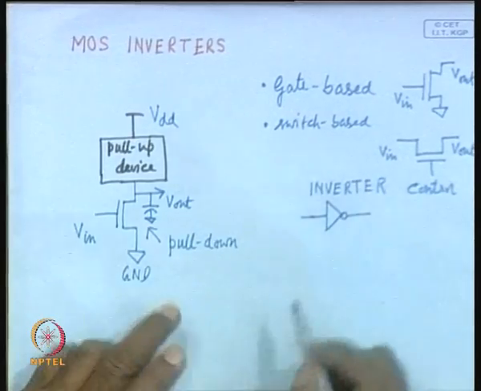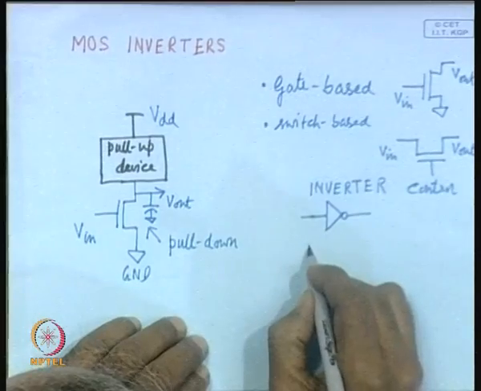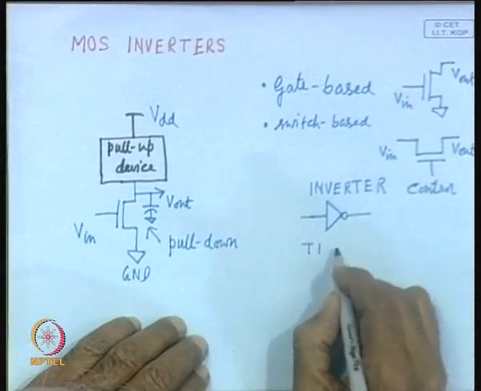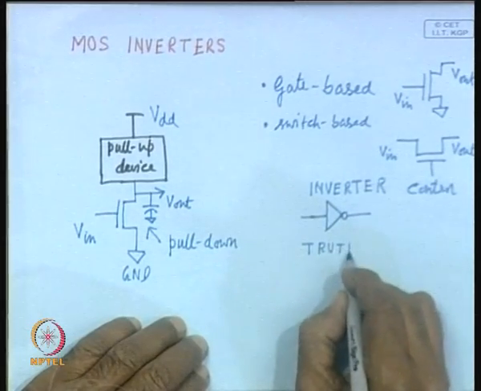And how do you represent its characteristics? You can represent the characteristic of an inverter with the help of a truth table, because it is a digital circuit, and truth table is the manner by which you can represent the functionality of the inverter. So, truth table.